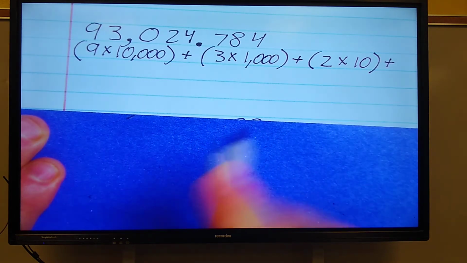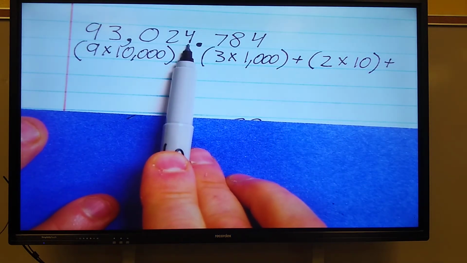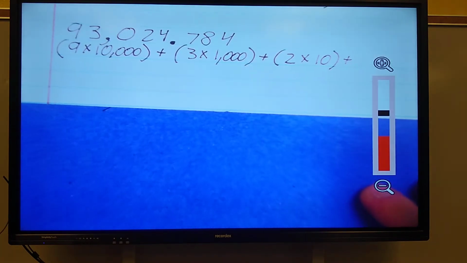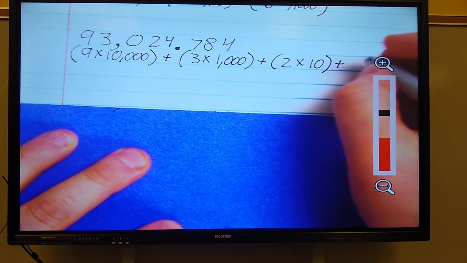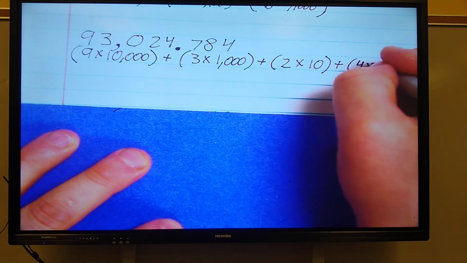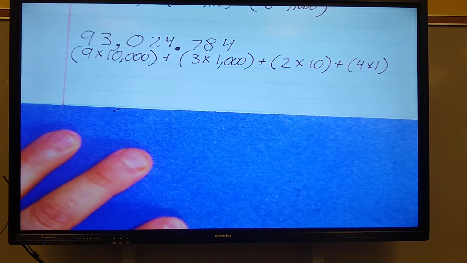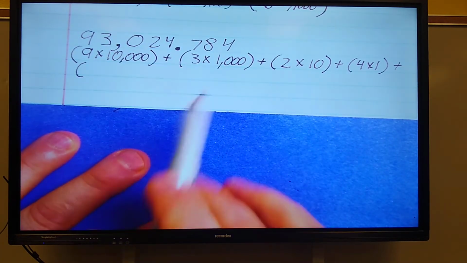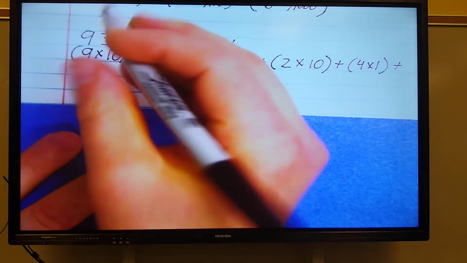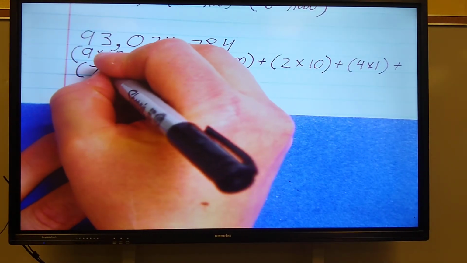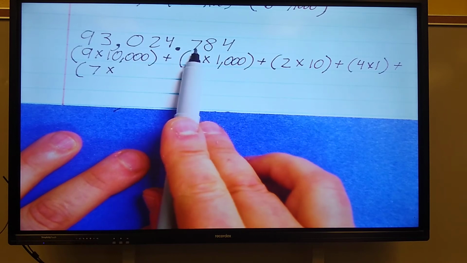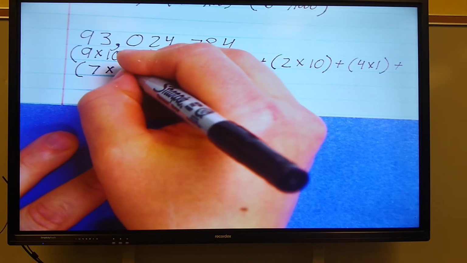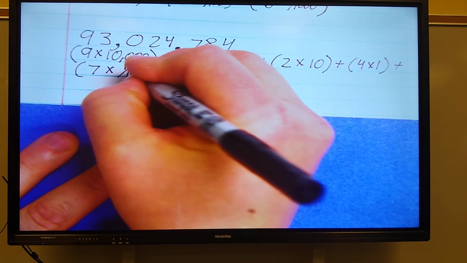Plus, you've got the 4 in the ones place. 4 times 1, plus, parentheses, 7 times. Now 7 is in the tenths place. So that's 1/10. 1 fraction bar 10.